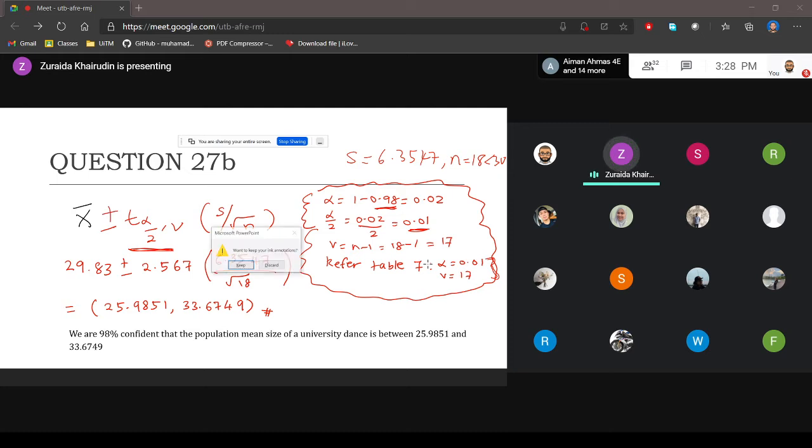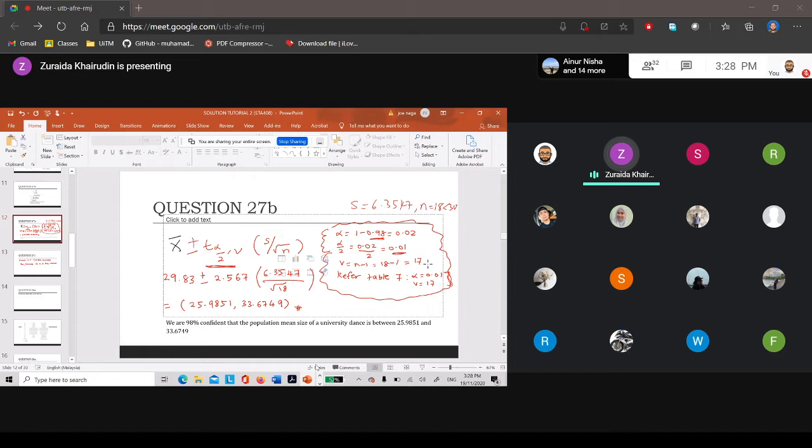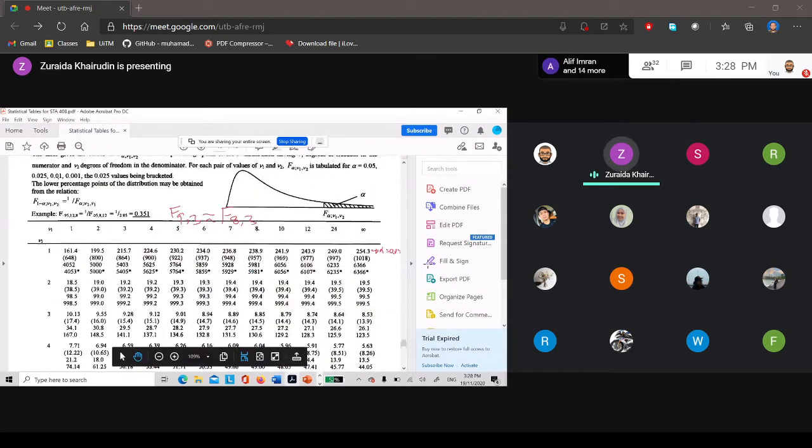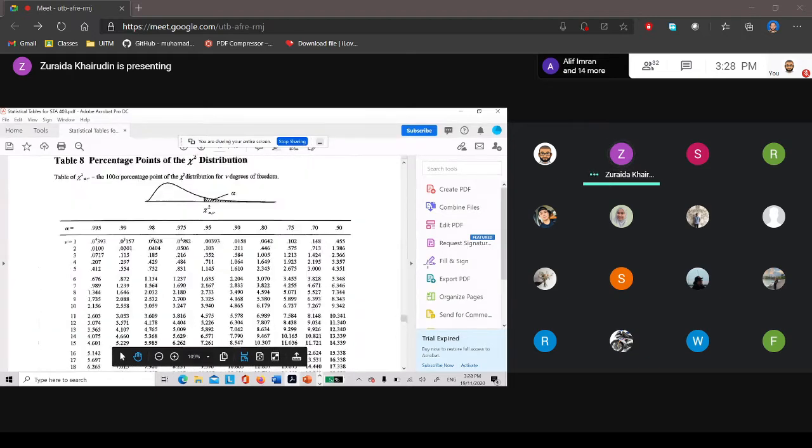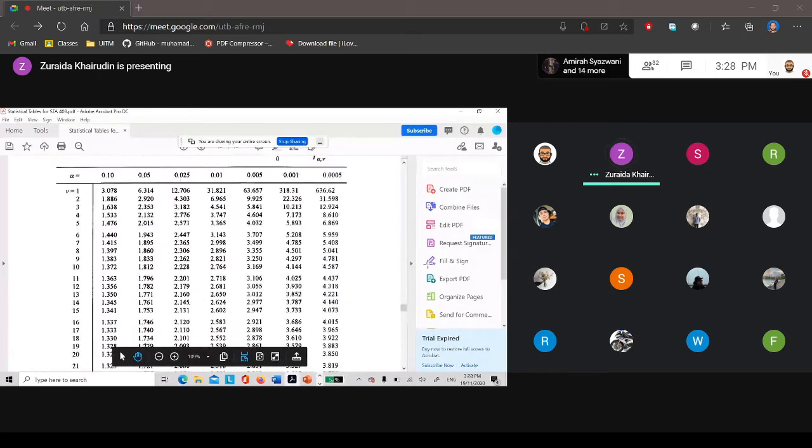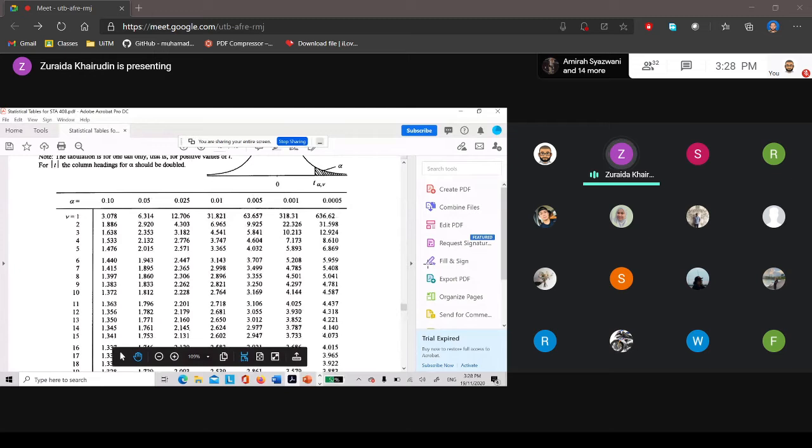Any problem? I'll show you how to use the table. Refer to table 7, t distribution. This is table 9, table 8, table 7. In table 7, alpha 0.01 and then v is 17. So this is 2.998. Am I right?